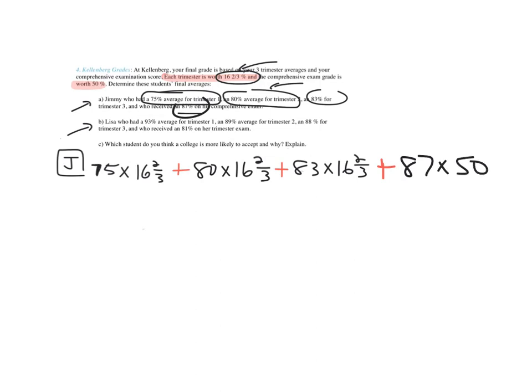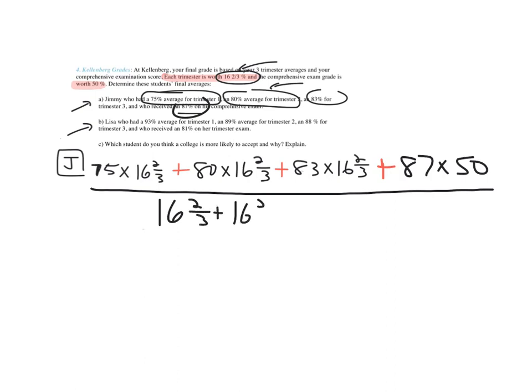Now I'm choosing to take all these percentages and write them as whole numbers, which is fine as long as you stay consistent. Since I'm writing them as whole numbers, now I have to divide by the sum of the weights, which is 16 2/3, 16 2/3, 16 2/3, and 50 for the comp.